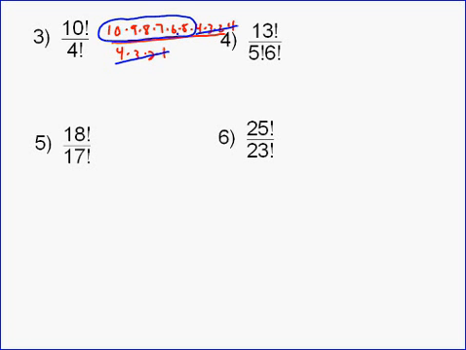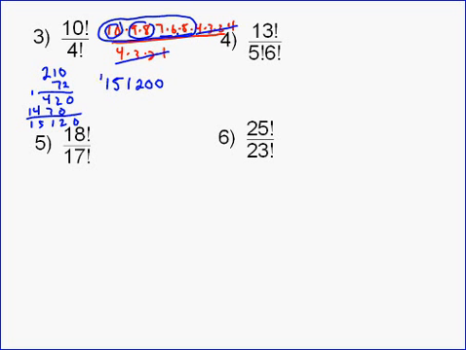So to do this, I'm going to multiply 6 times 5 is 30, times 7 is 210, and so you got 210, and then 9 times 8 is 72, so times 72, so that's going to give you 15,120, and then we just have to multiply by 10, which would give you 151,200.